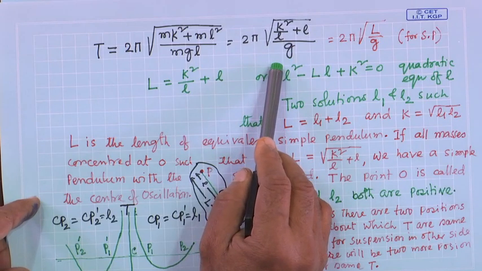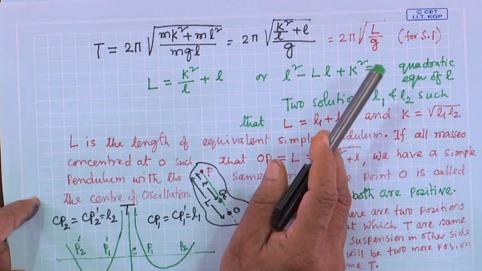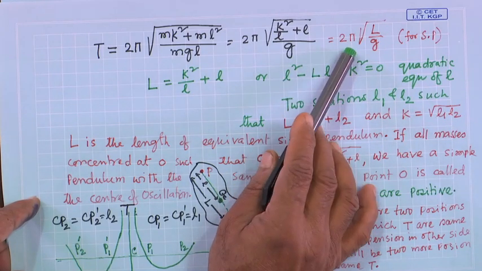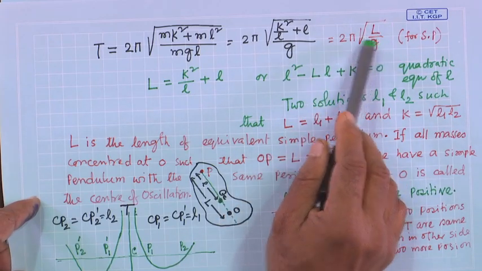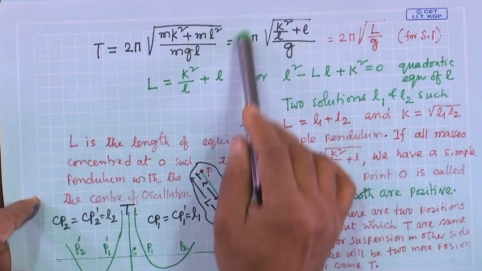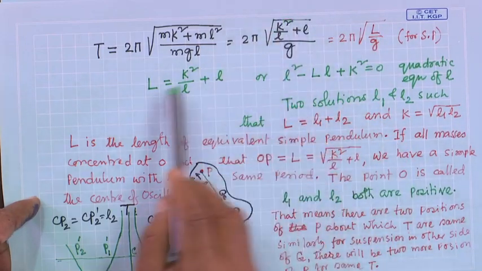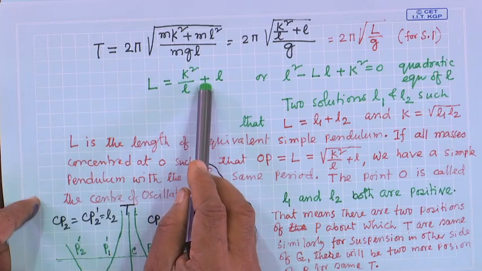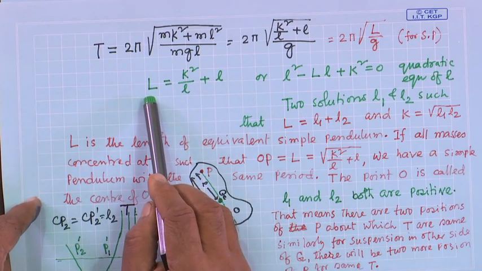As I showed you, the time period for a simple pendulum is 2 pi square root of L by g. If we compare these two, capital L equals k square by small l plus small l.